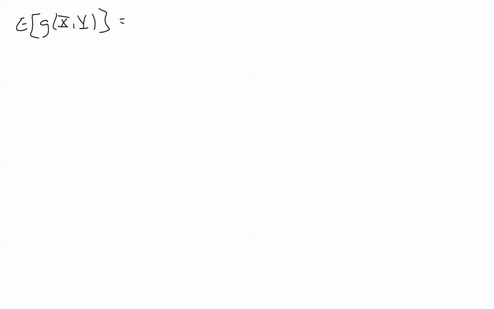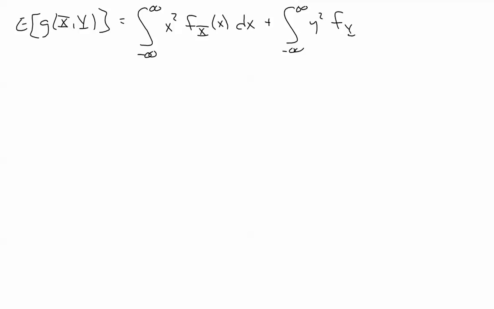This is clearly the result. The result at the bottom of the last page was the integral from minus infinity to infinity of x squared times the marginal PDF for x, plus the integral from minus infinity to infinity of y squared times the marginal PDF for y.